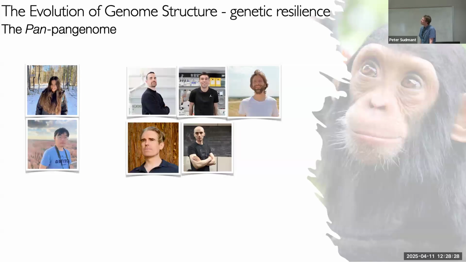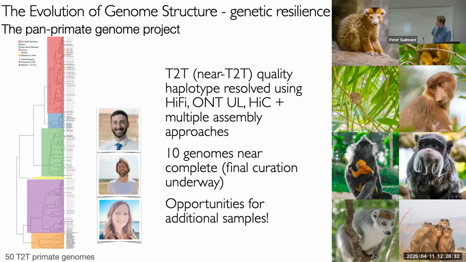So this is thinking about this in chimpanzees. We also have another project, also involving some of the great folks here, trying to extend the lineage and build T2T genomes from the rest of the primate lineage. Surprisingly, there are very few T2T or high quality genomes from this enormous amount of diversity across primates.